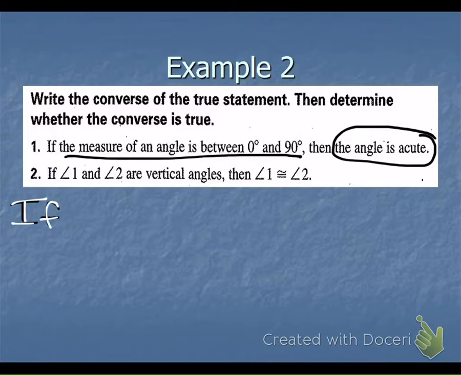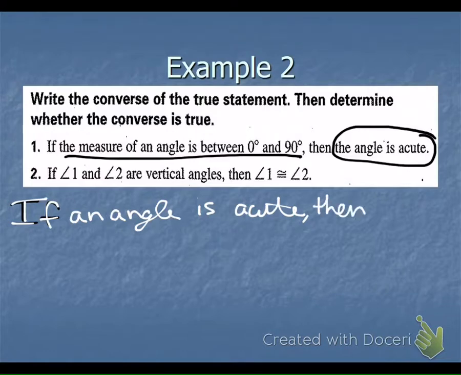So now the new statement says if an angle is acute, comma, then what?